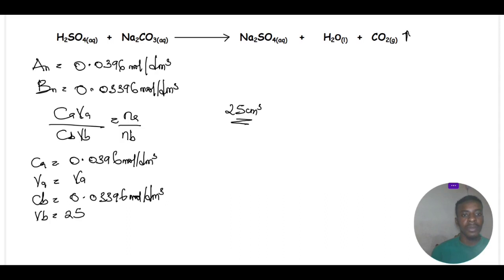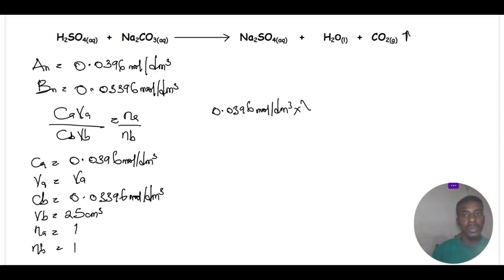All right, so we'll have it to be 25 cm cube, and then our NA, number of moles of acid, is 1 from the equation, and NB, also number of moles of the base, is also 1. So our NA is 1 and NB is also 1. So when you substitute this into the equation and look for VA, it becomes CA, which is 0.0396 mole per dm cube, times your VA.